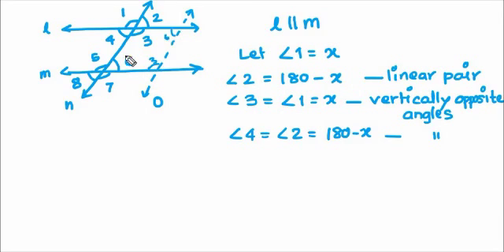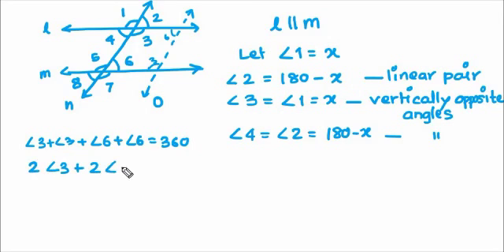But we also know that in a quadrilateral, all four angles sum up to 360 degrees. So it will become angle 3 plus angle 3 plus angle 6 plus angle 6 is equal to 360 degrees in a parallelogram. So that would be 2 times angle 3 plus 2 times angle 6 equals 360.